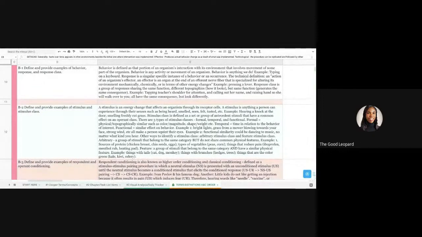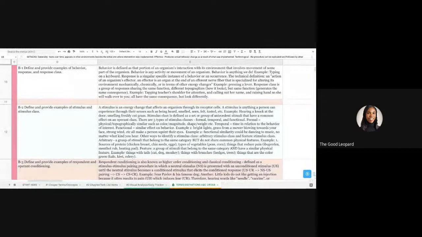Stimulus class is defined as a set or group of antecedent stimuli that have a common effect on an operant class. So they have a common effect on how we receive them or what we do with it.